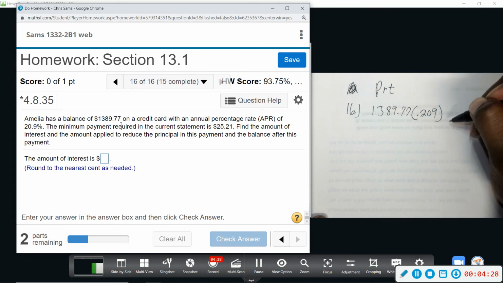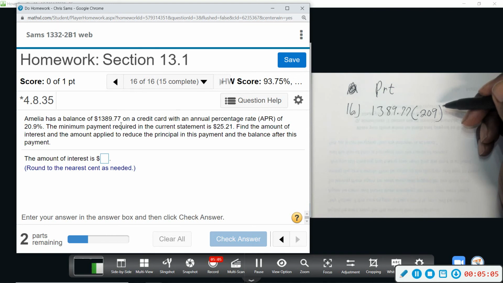And we want to find the amount applied. Okay, so I'm looking for extra wording. Minimum payment. I'm trying to decide if this is a monthly payment, but I don't see monthly anywhere.